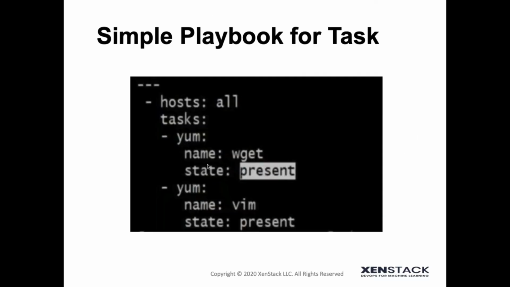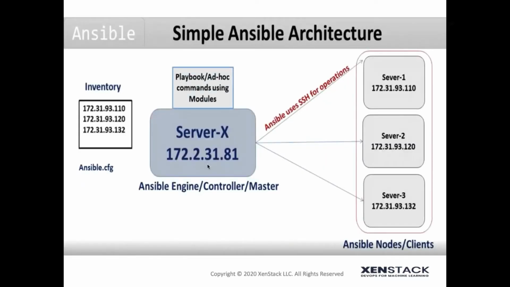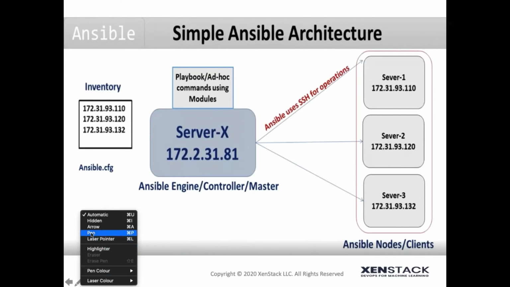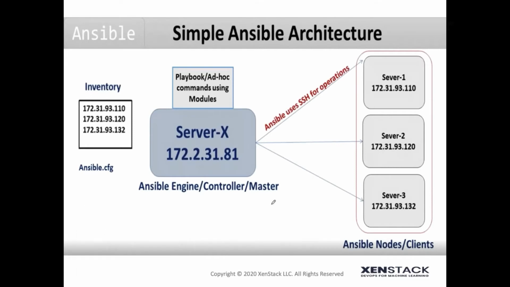So let me take you to a simple example here. This is my Ansible master machine, or Ansible control, or Ansible engine. You can give it any name, but the main concept is to understand what this master machine will perform on the remote machines, or the servers. This master machine has the information in the form of an inventory, or a host file, which stores the IP addresses of your remote servers.